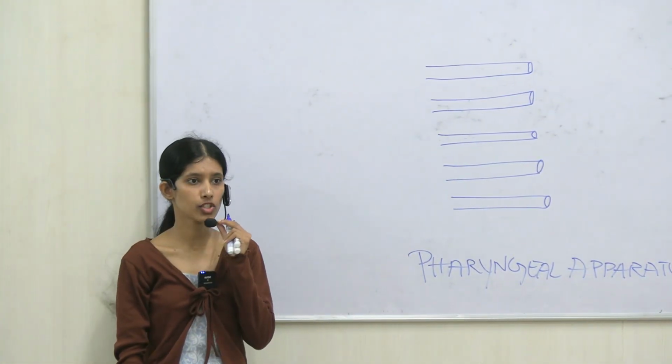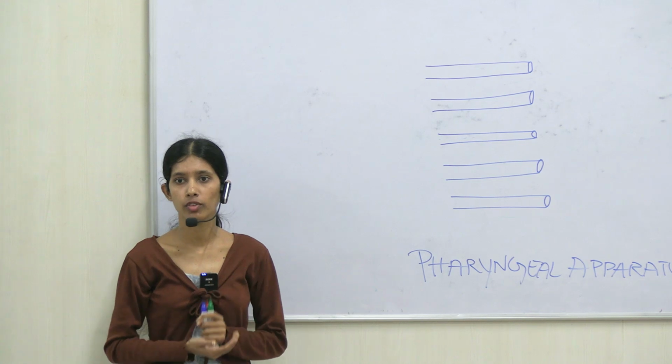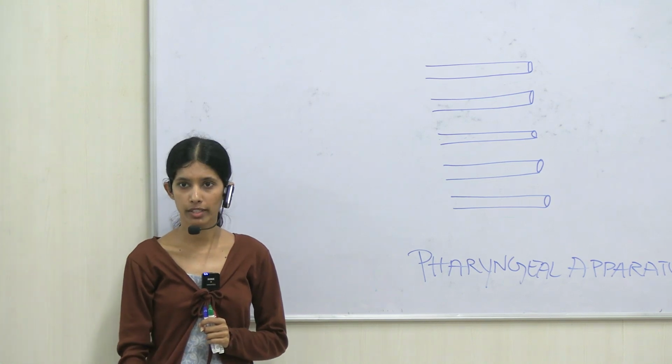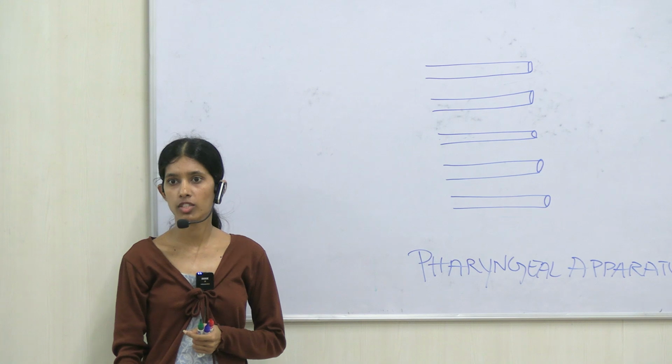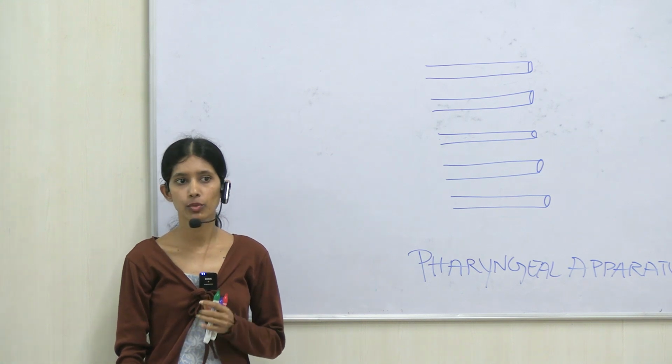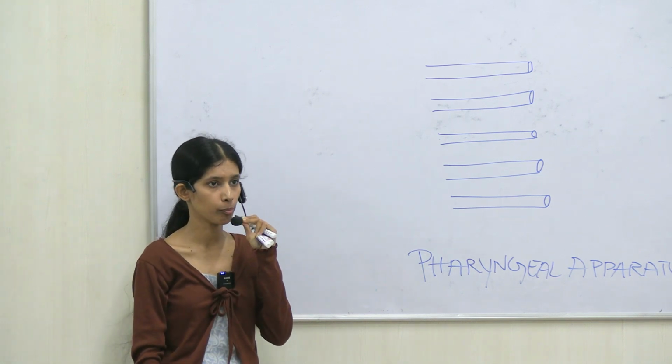Write down: pharyngeal apparatus, which is also known as branchial apparatus, is a complex structure that is formed during the development of the embryo.